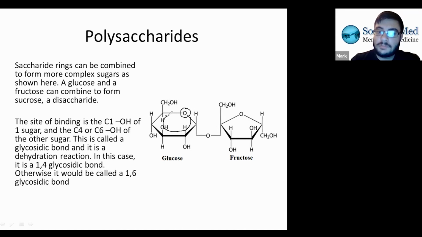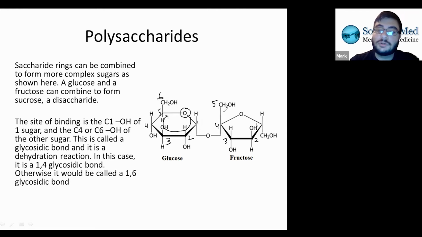So 1, 2, 3, 4, 5, and this one would be 6. And then again here, start with the O, 1, 2, 3, 4, and 5. Again, 5-membered rings have only 5 carbons, whereas 6-membered rings have 6 carbons, right? And obviously you can't form a 1,6 glycosidic bond with a 5-membered ring because it doesn't have a 6th carbon.